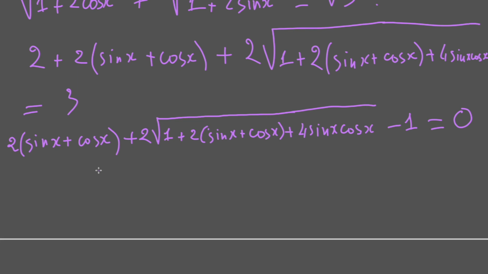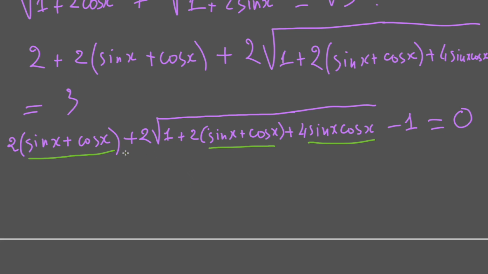So then we can see that the left hand side contains the sum of sine x and cosine x, and another expression which is the product of sine x and cosine x.